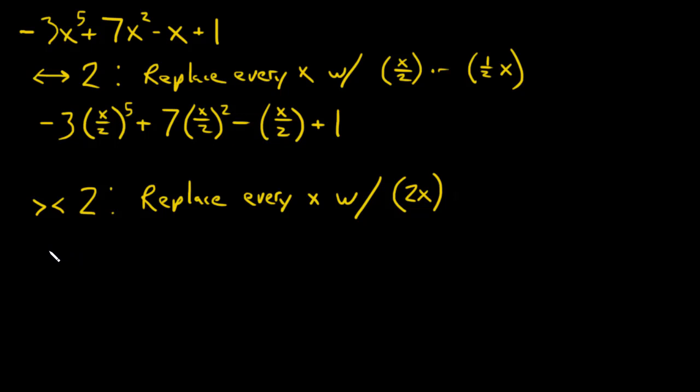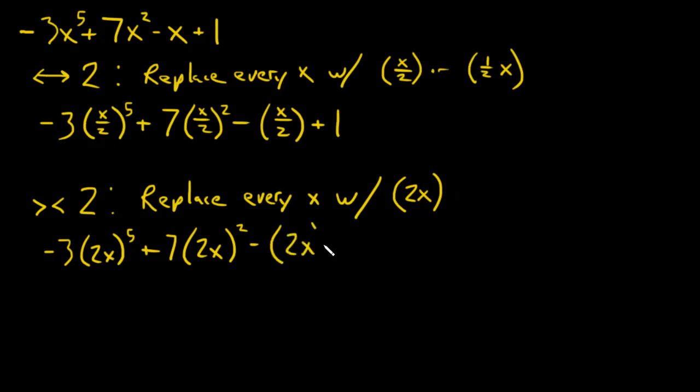Well, it looks like negative 3 times 2x to the fifth plus 7 times 2x squared minus 2x plus 1. And that's it. So stretches by a factor, you divide by that factor if it's horizontal. Shrinks, you multiply by the factor. That's what you replace every x with.